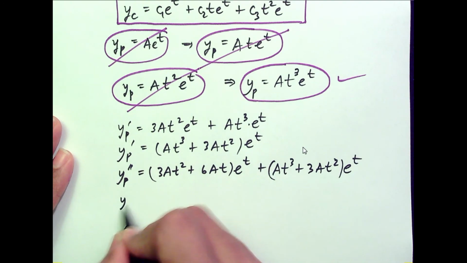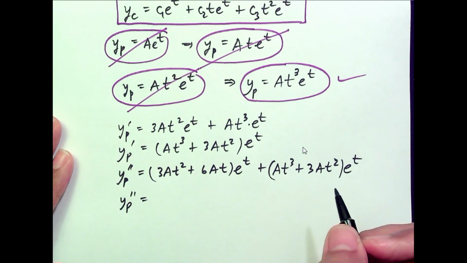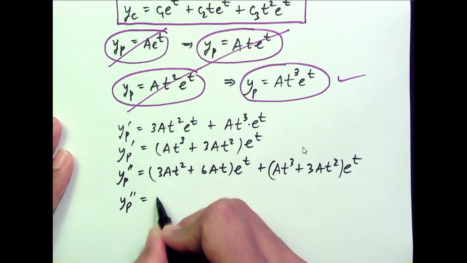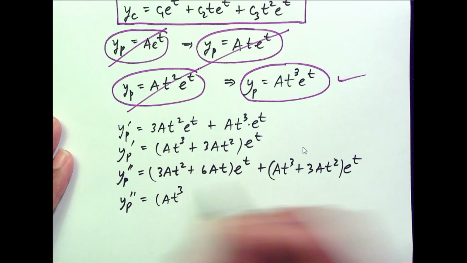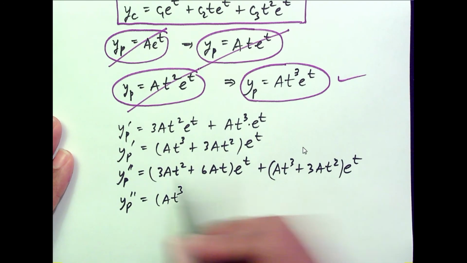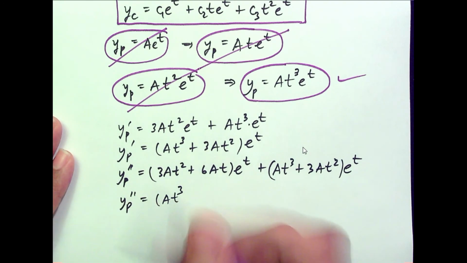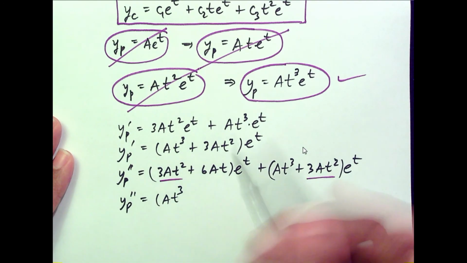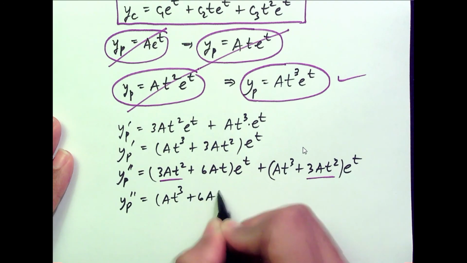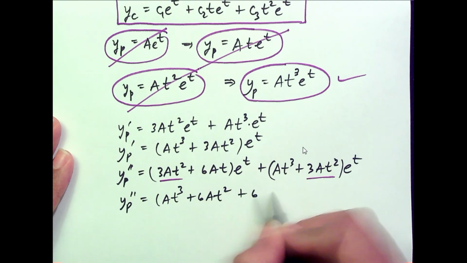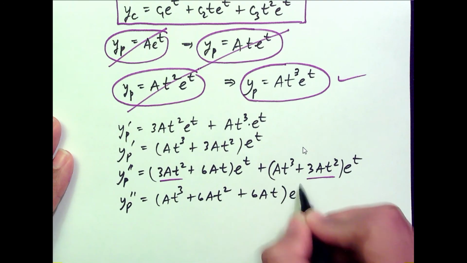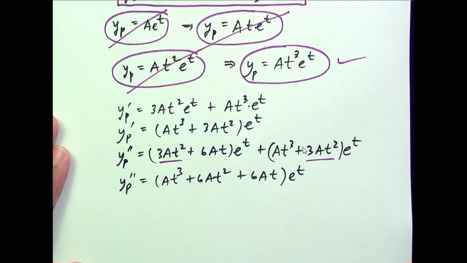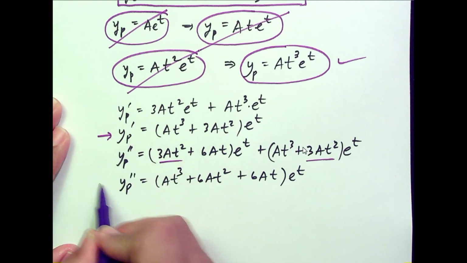And now simplifying, let's combine, you're going to get a polynomial. This is a t cubed, and then these two right there are like terms. So you get plus 6a t squared plus 6a t e to the t. Okay, that's the first derivative, that's the second derivative.